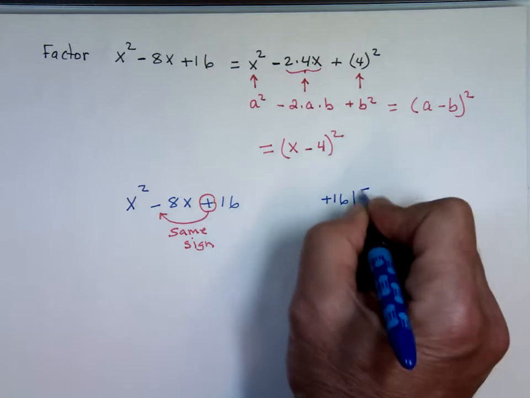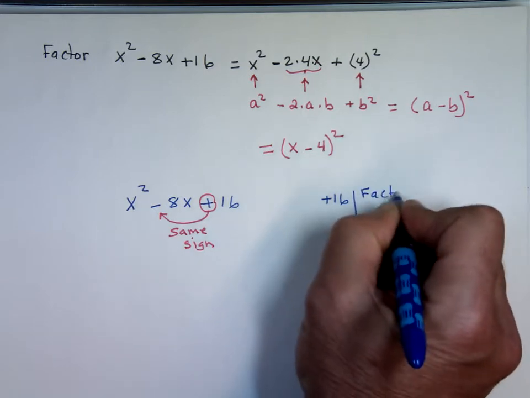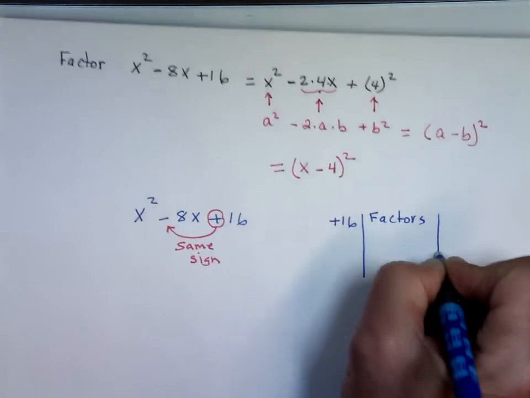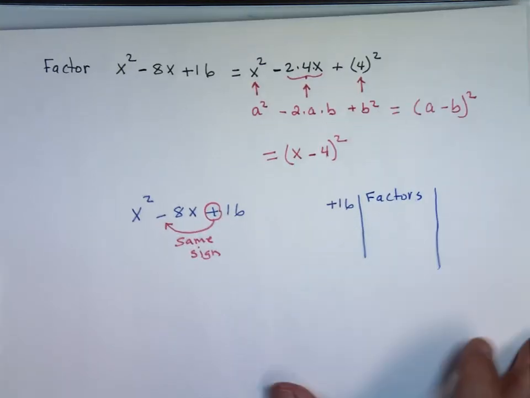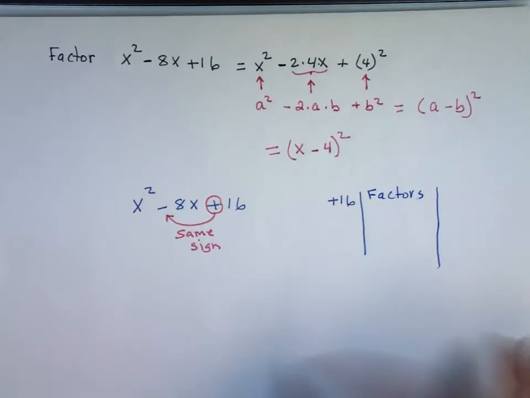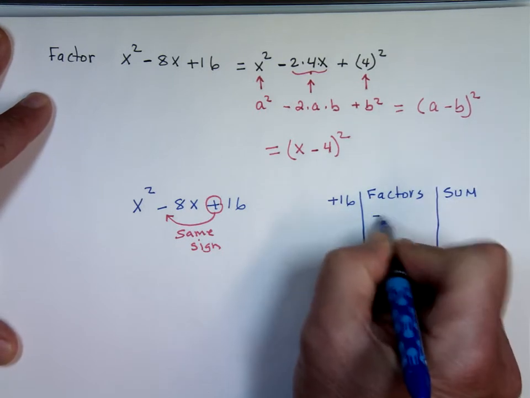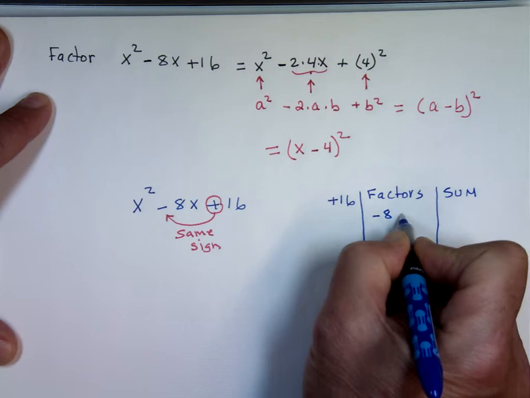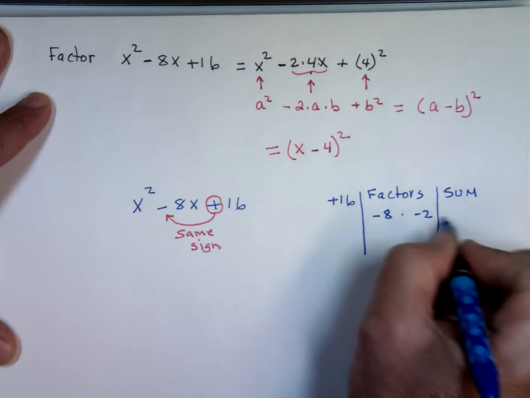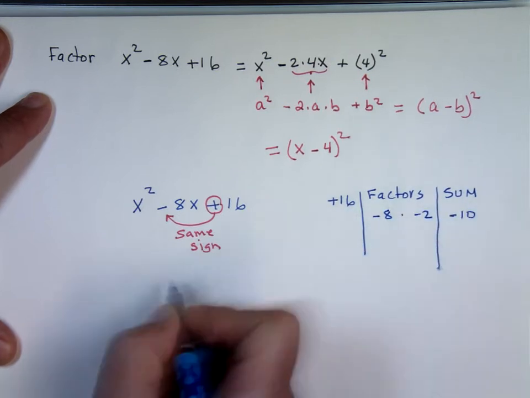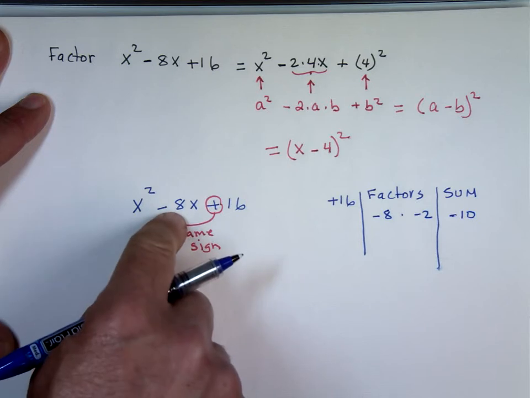Let me write the factors of 16 and their sum. To get 16 could be negative 8 times a negative 2. The sum is negative 10. Not good. I want it to be negative 8.